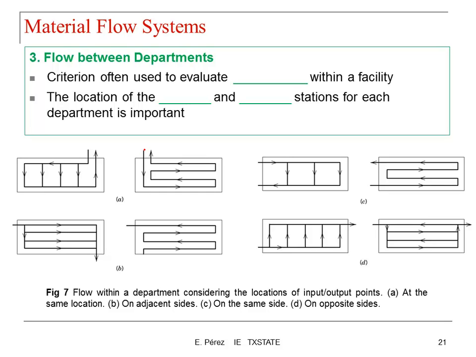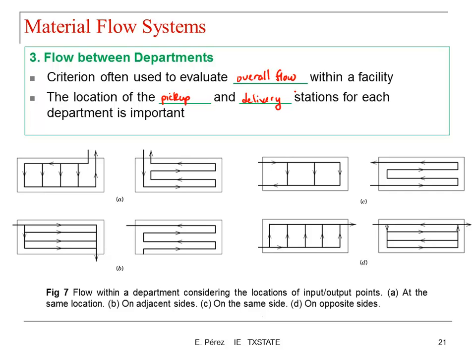Then we have the flow between departments, and this is a criterion often used to evaluate the overall flow within a facility. The location of the pickup and delivery stations for each department is important.